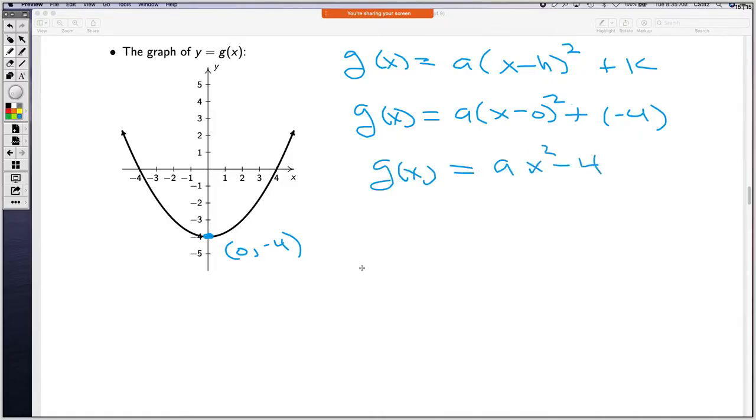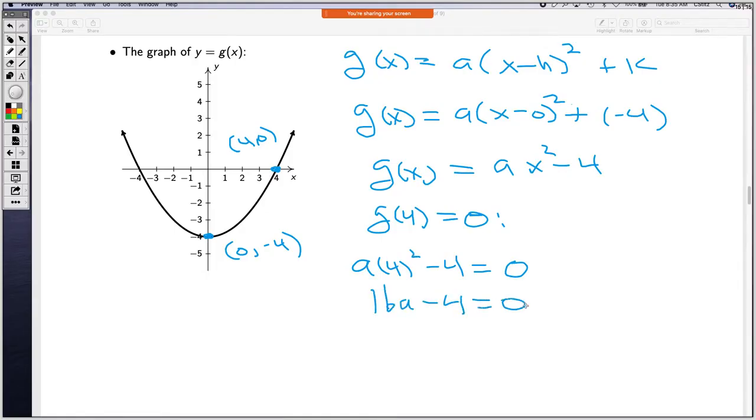So now we're down to that point, and now we want to use another point on the curve. So we could pick 4, 0 again. That means that g of 4 is 0. So when I plug 4 into my formula, it better work out to be 0. 4 squared is 16. 16 times a minus 4 is 0.